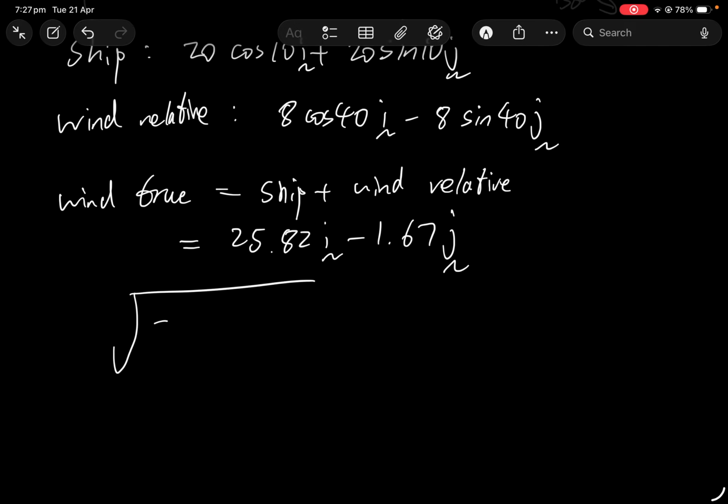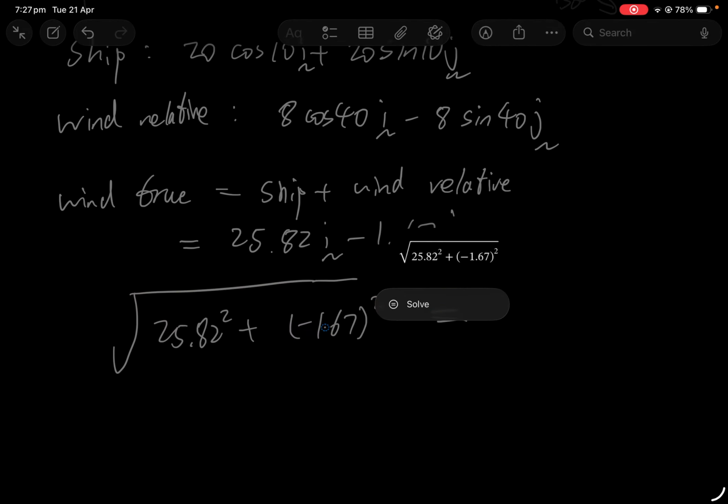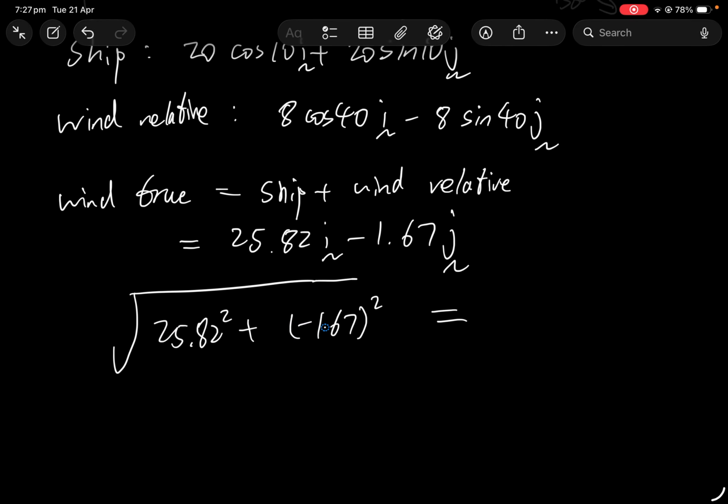So it'll be 25.82 squared plus negative 1.67 squared. So around 25.90. Was it meters per second? It'll be knots.